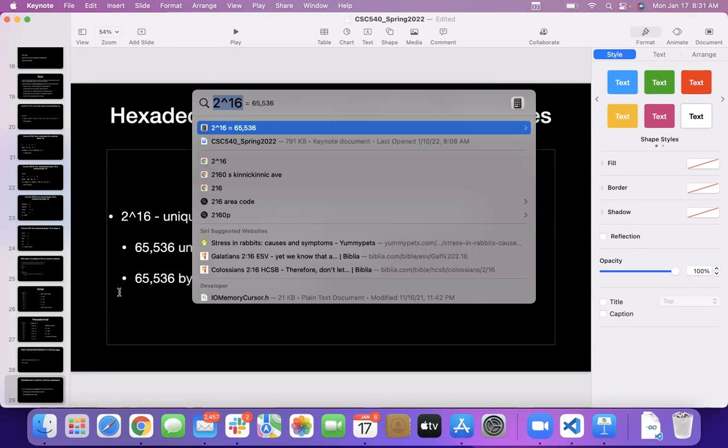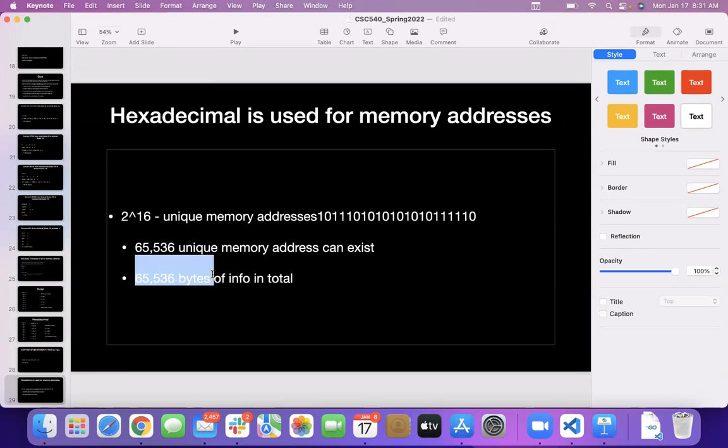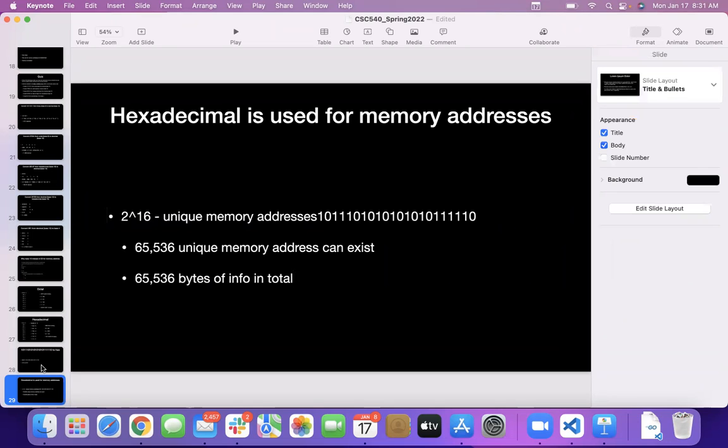So how do we put this into something that's meaningful to us? How much is 65,536 bytes? Well, the cheating answer would be to say it's 65,536 bytes. But that doesn't really give us values.